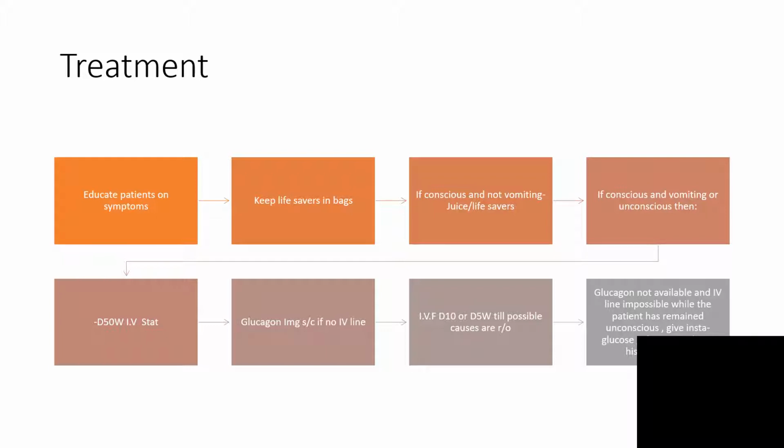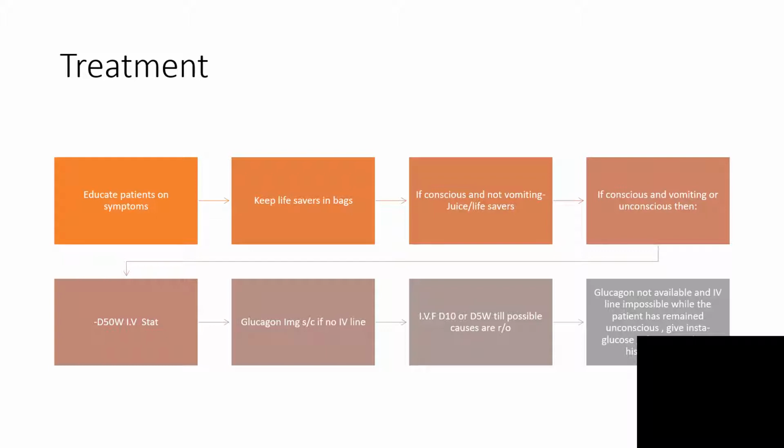If the hypoglycemic patient is conscious and is not vomiting, just give juice. Now, juice, lifesavers, that will be okay. But if they are conscious and vomiting, or they are even unconscious, then we have to change the direction.